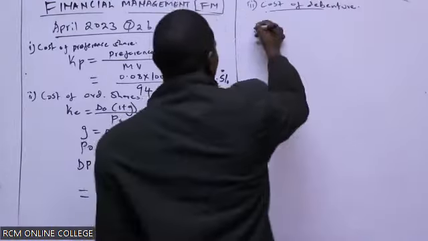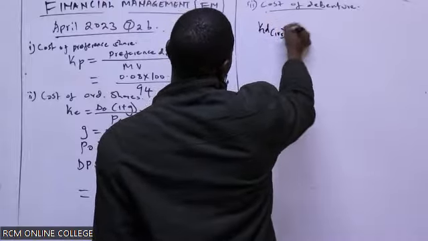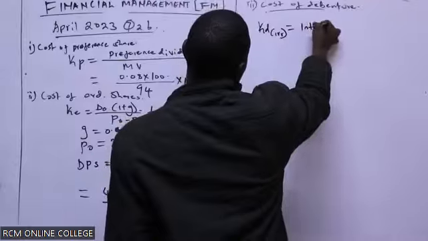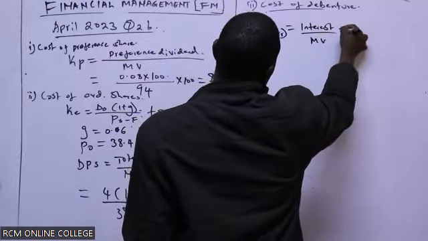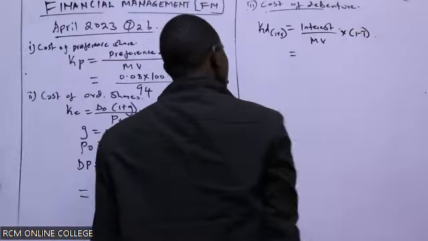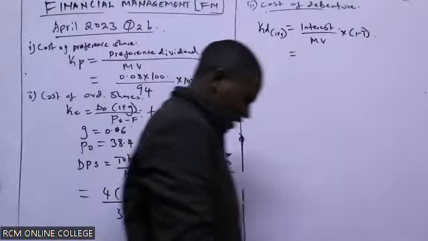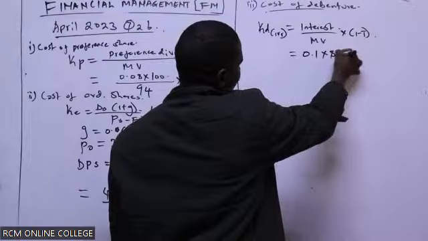So for the irredeemable debenture, KD irredeemable will be given by interest over market value times 1 minus T. So interest already we are told that this debt is 10%. So it is 0.1 times 80. That is the market price.